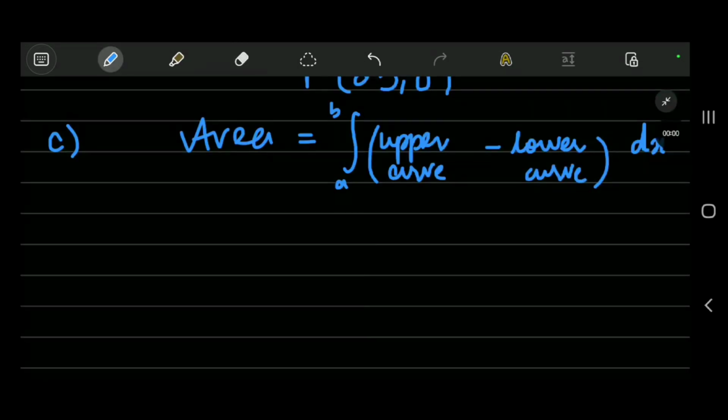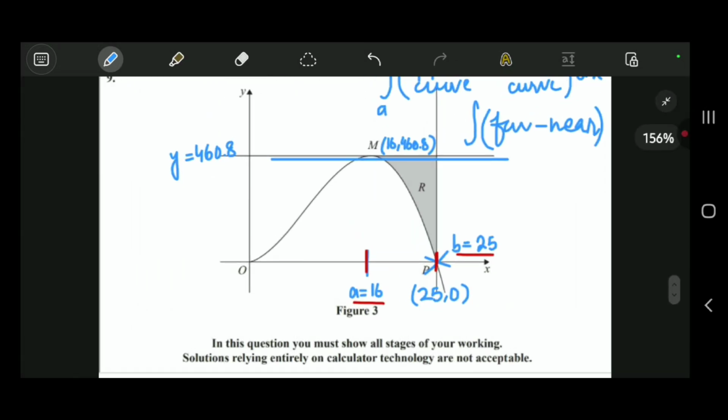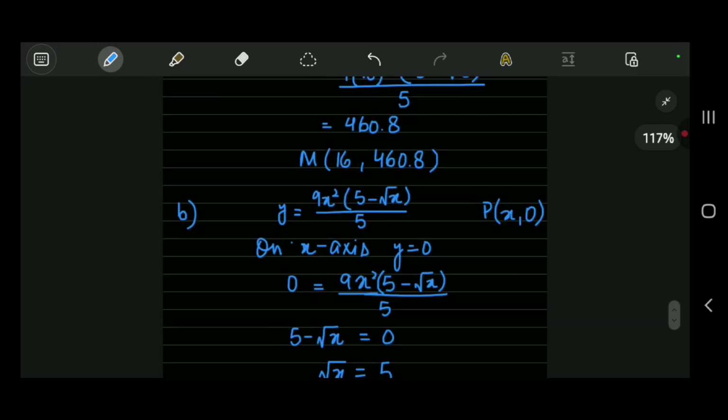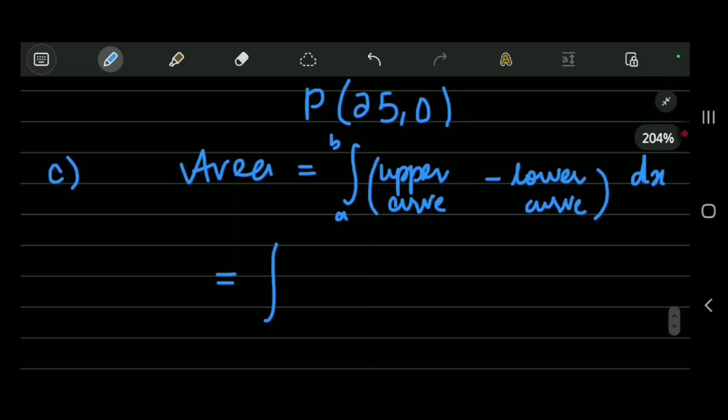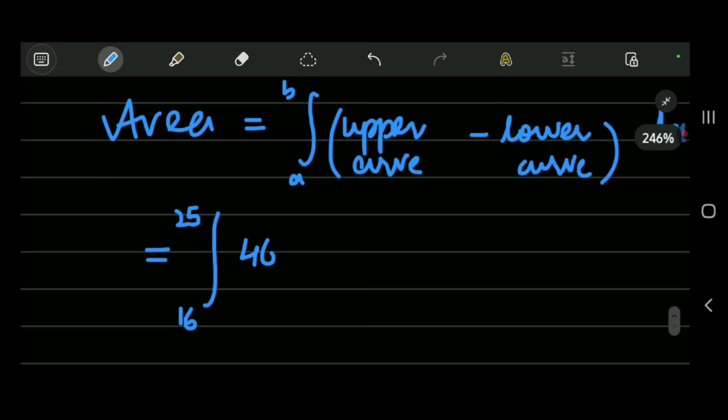Let's substitute the values: the limits a to b are from 16 to 25. What is the equation of the upper curve? 460.8. This is your upper curve, the line.